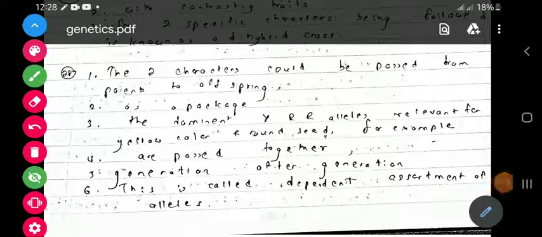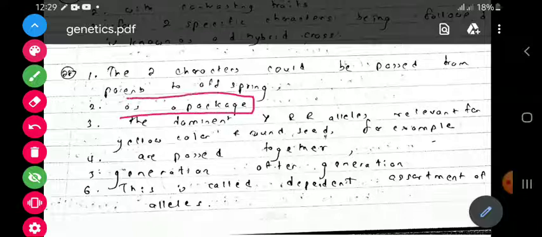So what is dependent assortment of alleles? This happens when the two characters are passed from parents to offspring as a package together.